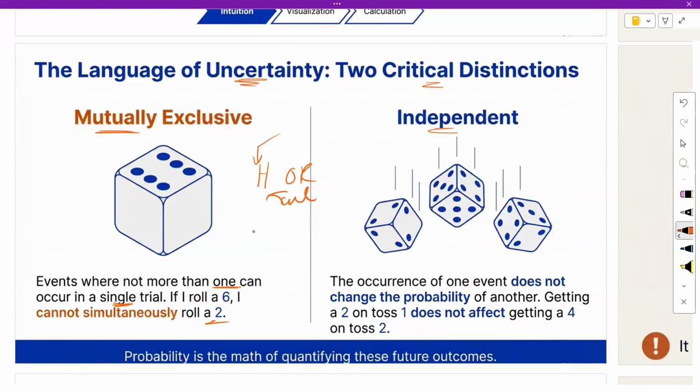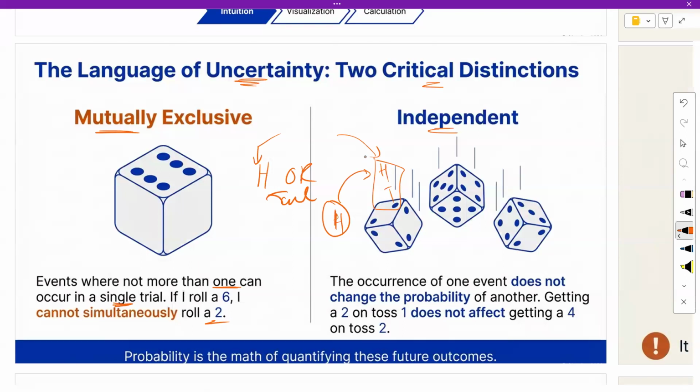Independent. When you toss a coin, the first time you get head. And second, you toss the same coin, the result may be head or tail. The outcome of the second trial is independent from its previous outcome.